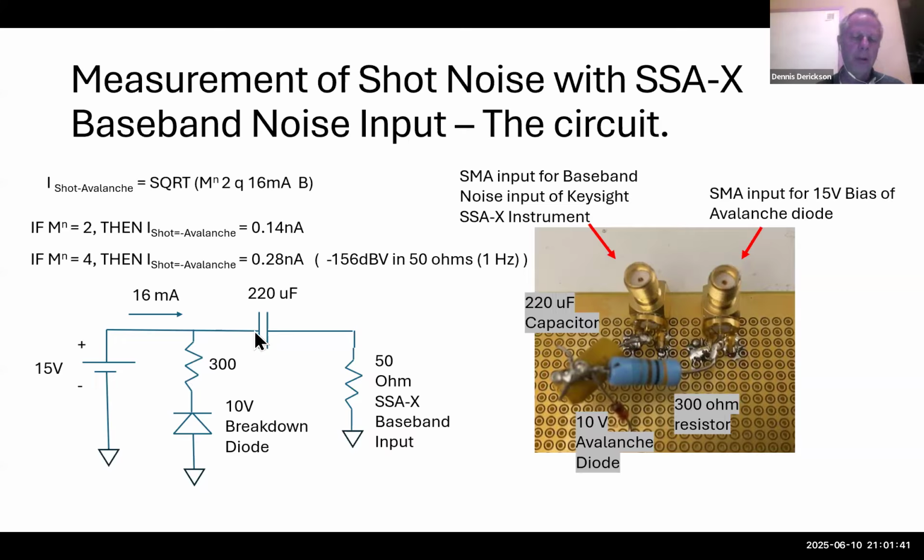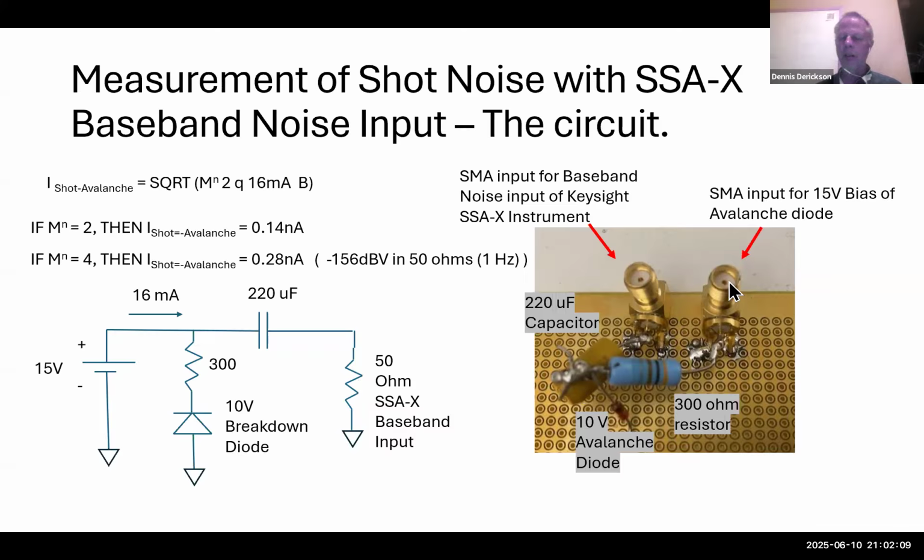Then I AC coupled the signal right here to a 50 ohm resistor that's at the input of the SSAX baseband input. This is a very sensitive correlation-based receiver, and I've shown this in my thermal noise and shot noise presentation, so I won't go through the architecture of this again, but it's a very sensitive input. You can measure very low noise baseband inputs.